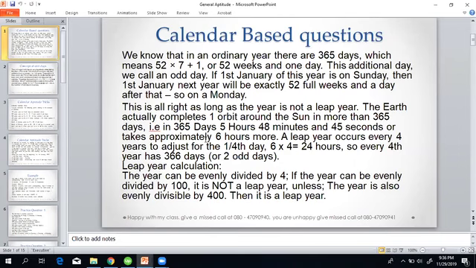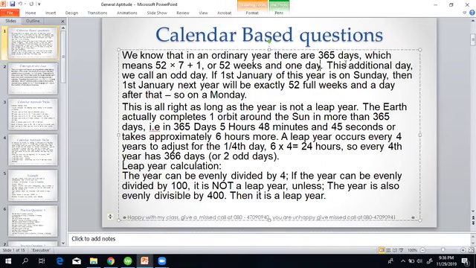After Tuesday, the next day has to be Wednesday. So 1st January 2020 will be a Wednesday, because 1st January 2019 was a Tuesday, and the year 2019 is not a leap year; it is an ordinary year. It has 365 days. This is all right as long as the year is not a leap year.